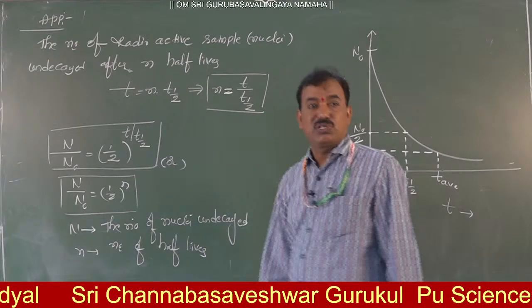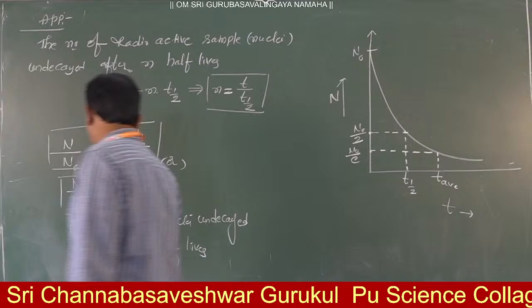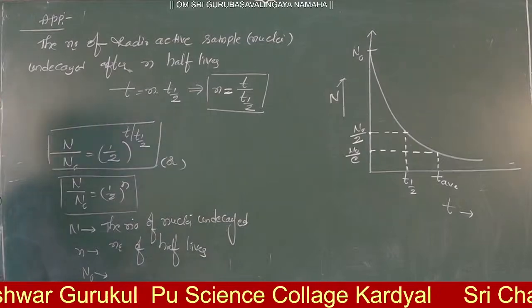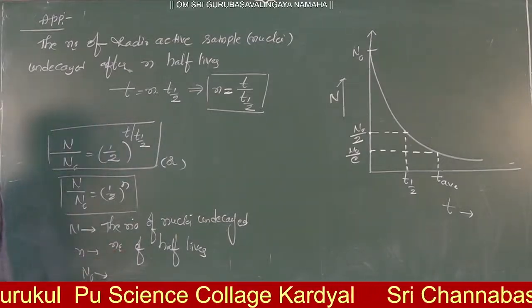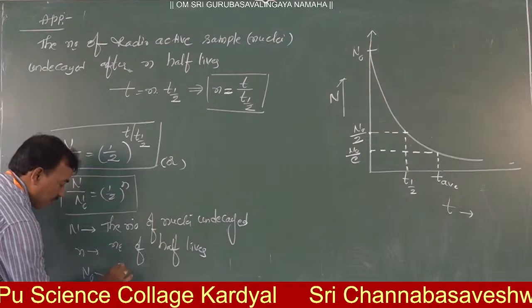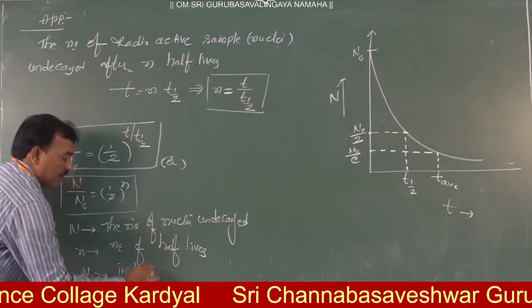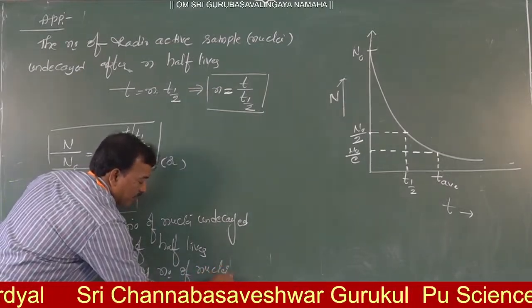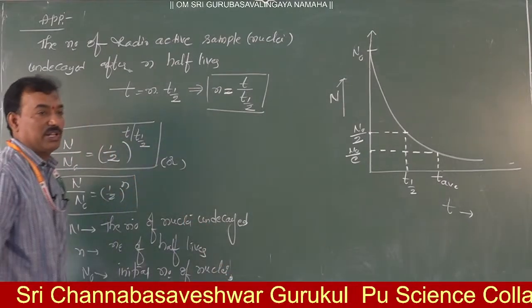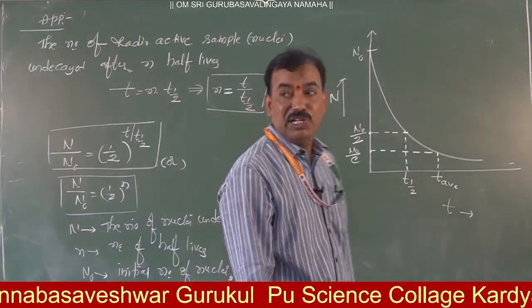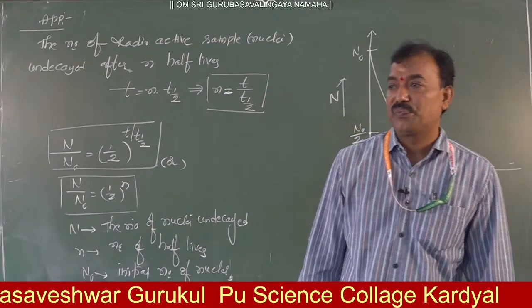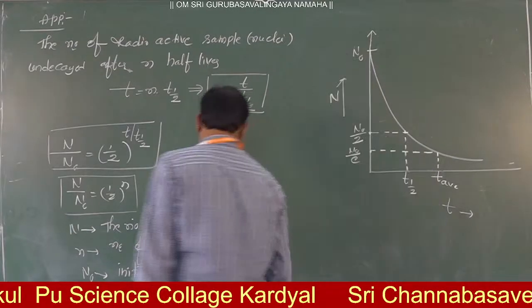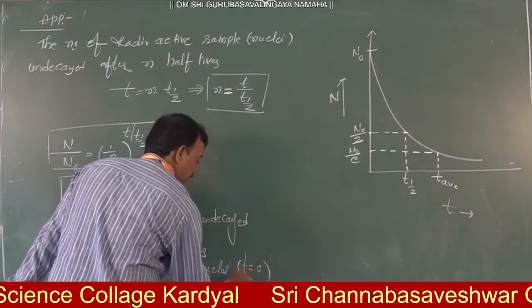N0 is equal to the initial number of nuclei, that means the number of nuclei at t equal to 0. That also should be mentioned: t is equal to 0.